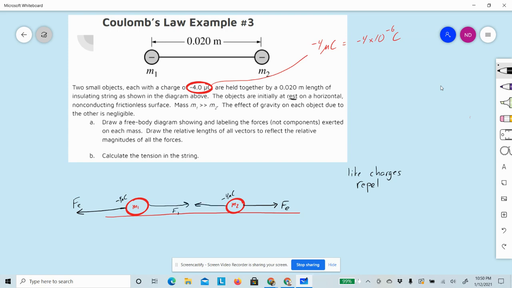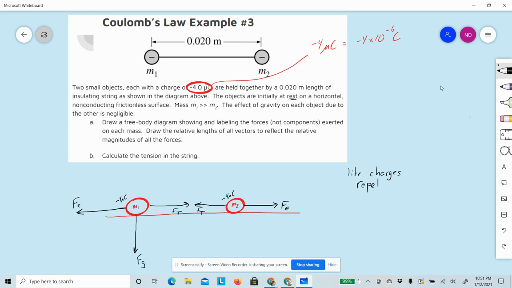There's the string holding them together. Same string, same tension. Again, it's at rest. These should all be the same length, same size. I'm doing a pretty bad job at doing that, but okay. Then they're sitting on a table, so the earth is going to be pulling them down.